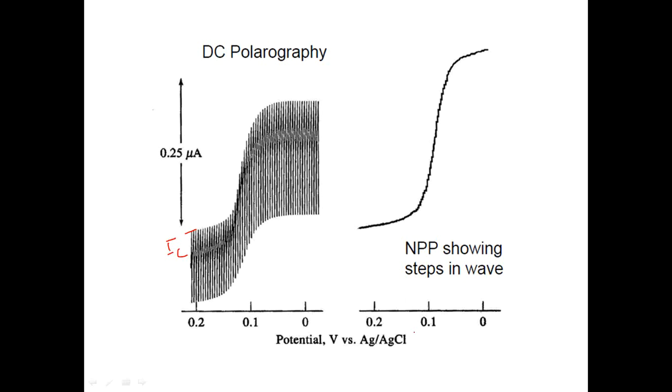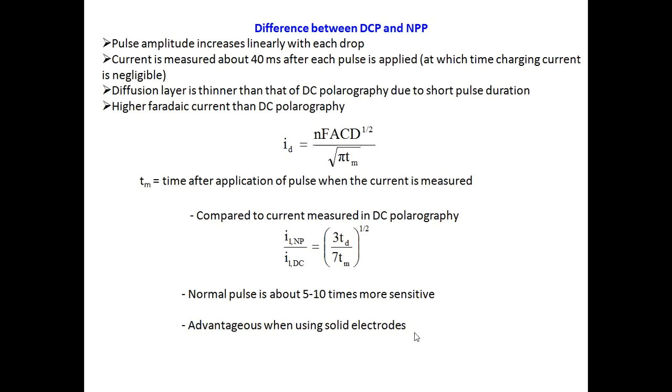So what is the difference between DC polarography and normal pulse polarography? The pulse amplitude increases linearly with each drop. The current is measured after about 40 milliseconds, and there is no involvement of charging current, that is, the capacitive current is negligible. The diffusion layer is thinner in pulse polarography than in direct current polarography, and the pulse duration is short, right?